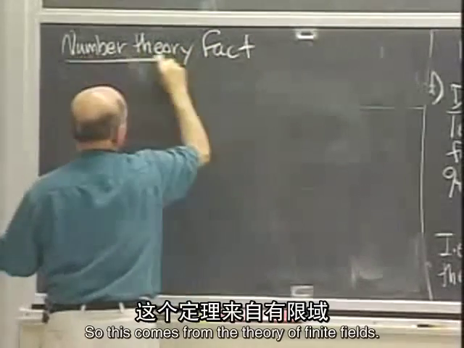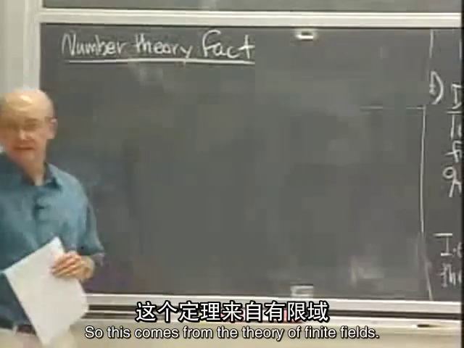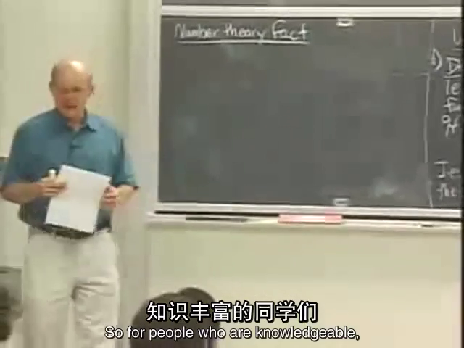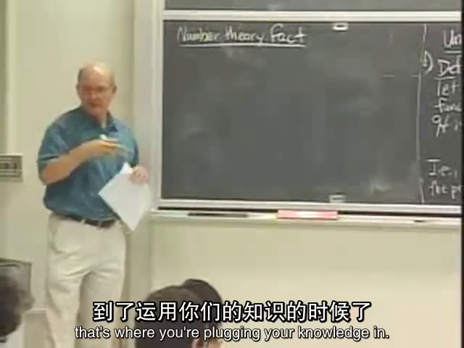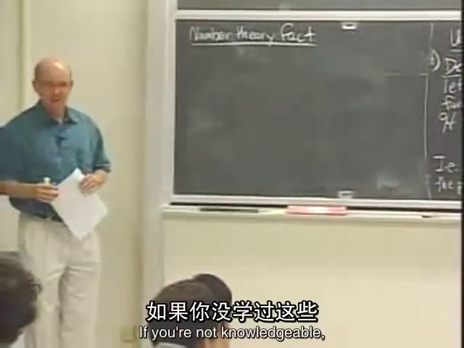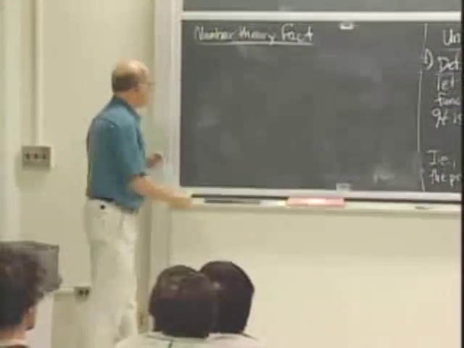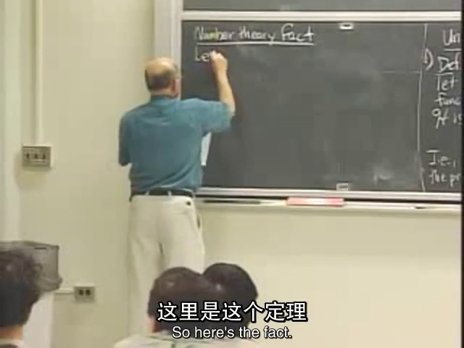Okay, so this comes from the theory of finite fields. So for people who are knowledgeable, that's where you're plugging your knowledge in. If you're not knowledgeable, this is a great area of math to learn about. Okay, so here's the fact.